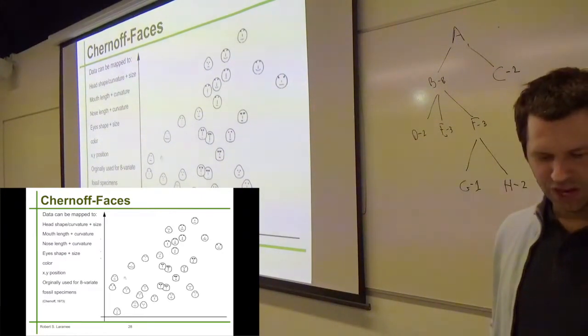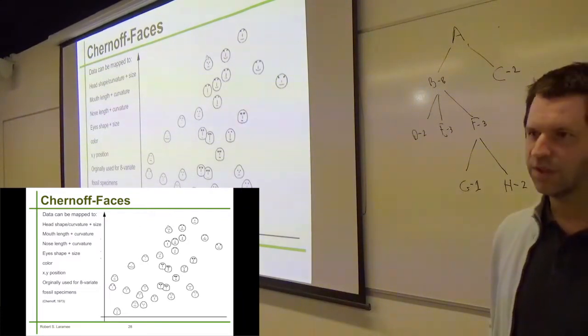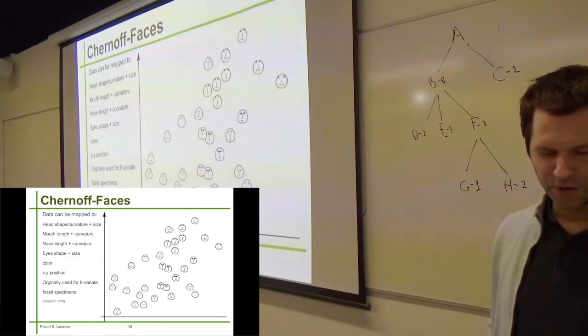But then the shape of the faces also encodes the other information. The shape of the head encodes a variate, right? These heads are different shapes. Some are round and some are not round. And the size could include another variate.